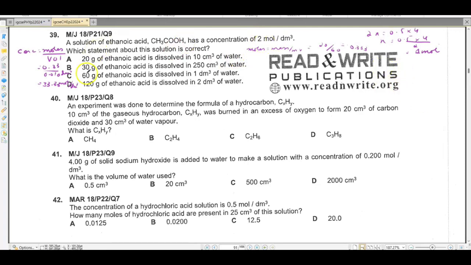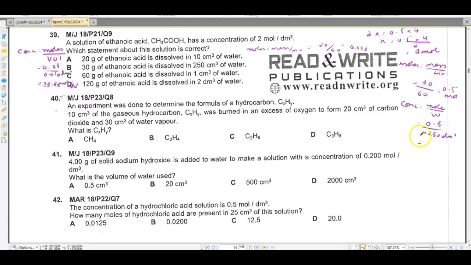Okay. So then we take the second, 30 grams. Let's find its moles. So 30 over 60. So this is going to give us 0.5 moles. And here we do concentration is equal to moles by volume. So concentration, we are looking for; moles is 0.5 and volume is 0.250 decimeter cubed.